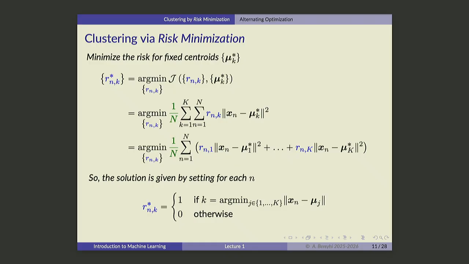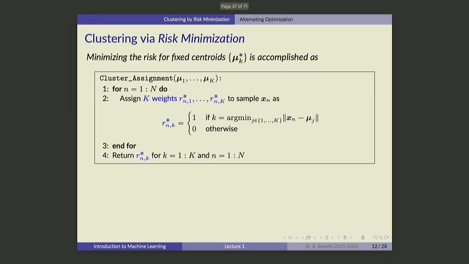That was the cluster assignment algorithm we had, right? So this is the same thing as we had before, right? So basically this cluster assignment algorithm looks at the centroids that you have, and it tries to find the assignment coefficients, the R's, that give you the minimum risk. Everybody's cool? Questions? No question?